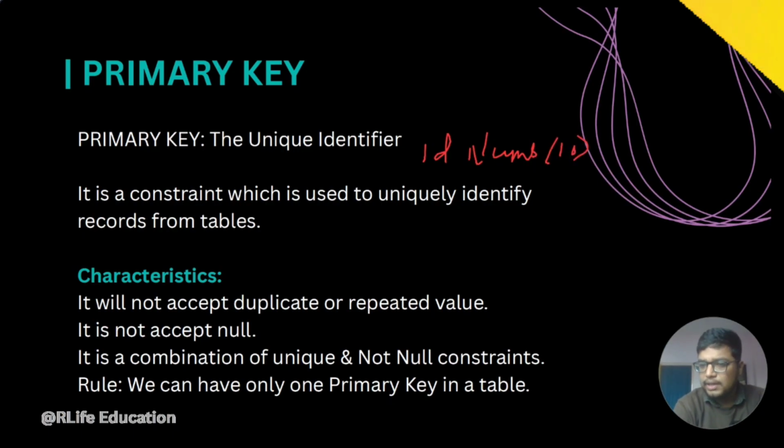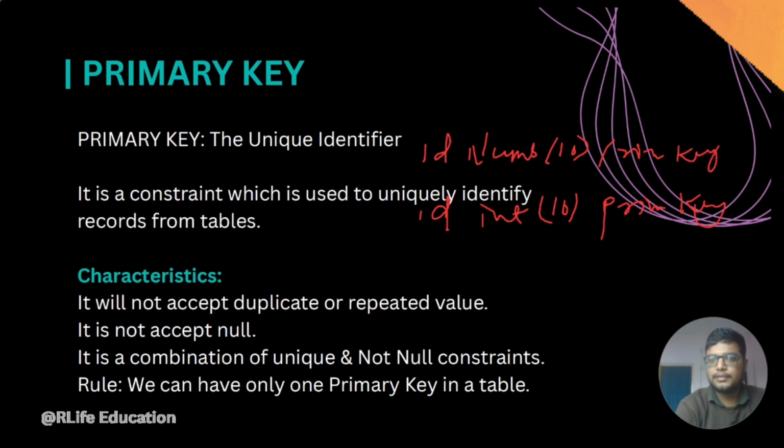This is for Oracle SQL. If you are using MySQL, you have to declare this as ID int with some size, let's say 10. Now you have to define the constraint primary key. Here also primary key. This is for Oracle SQL, this is for MySQL. This is how we are going to declare one primary key.